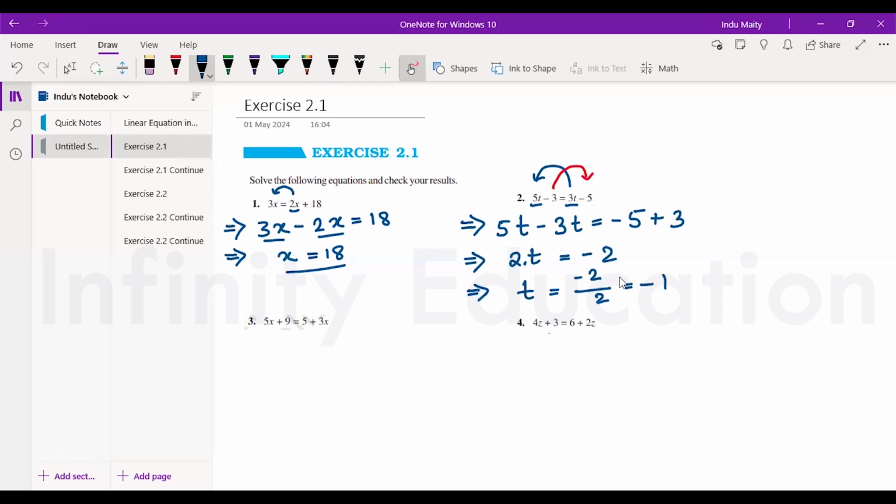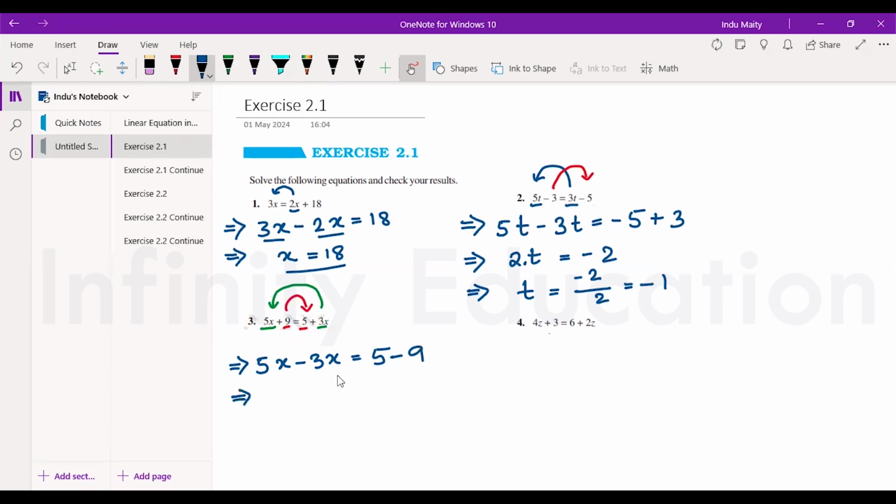Now let's see the next one. In the next one, we can see 5x, 3x. So we will take this 3x to the left side, and 9 and 5. So we will take this 9 to the right side. Now 5x will be as it is. If we take positive 3x to the left side, it will be negative 3x, is equal to 5 as it was on the right side, and this positive 9, if we want to take to the right side, will be negative 9.